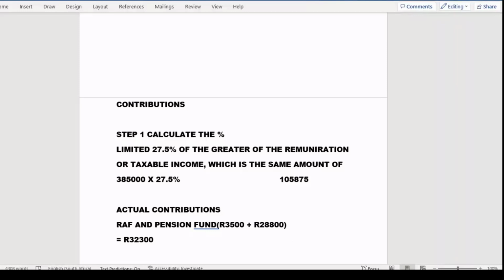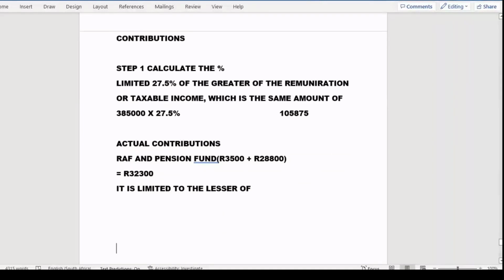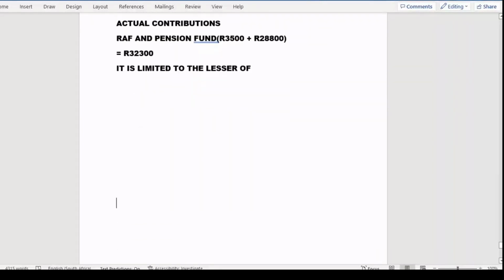Right, and it's going to be limited to the lesser of the cap. How much is the cap, Kokezo? It's 350,000. 350,000 rand. And what else are we putting here? 105, right? Yes, 105 from the 27.5%.